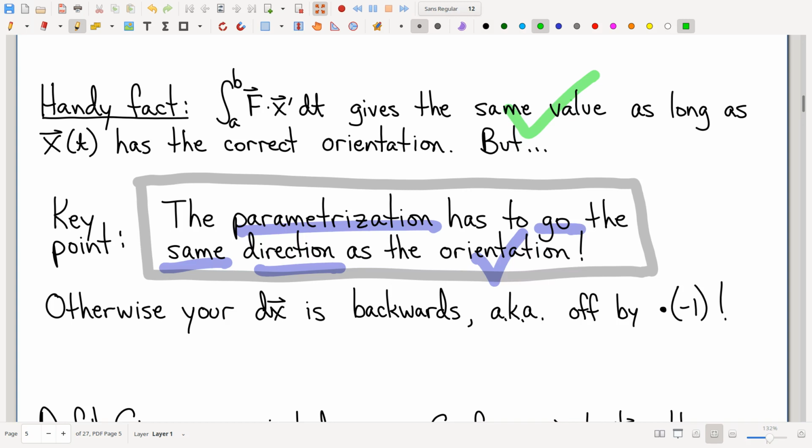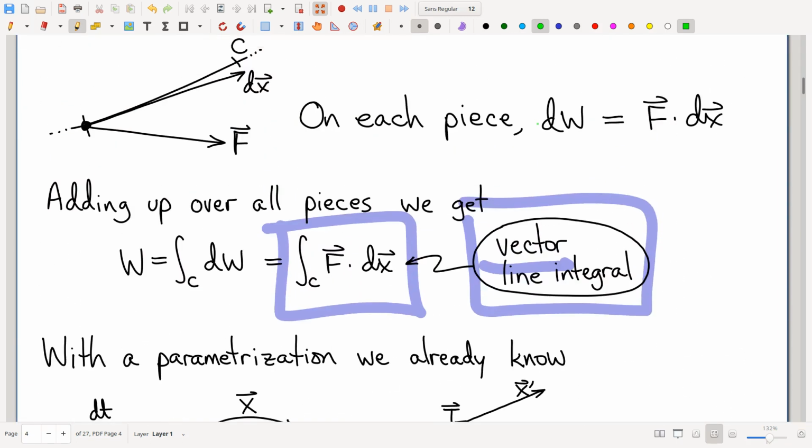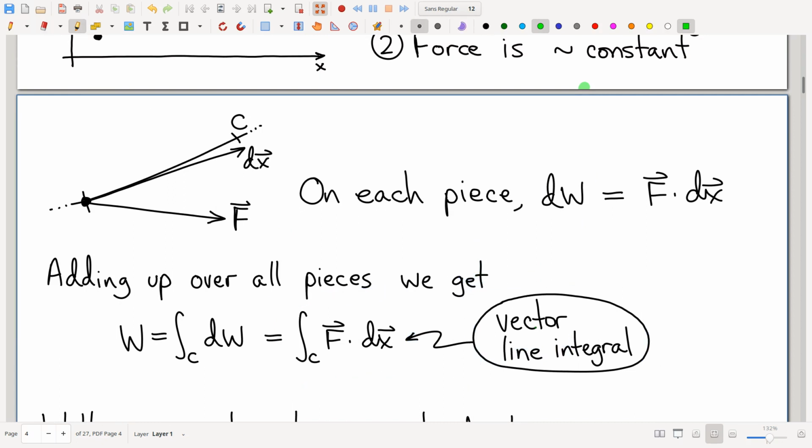Okay. Now let's think about what would happen if you have the wrong orientation. And I'm going to come back to this picture right here. If I were going the wrong direction, let's look at this term. What happens to this term if I'm going the wrong way? Well, if I'm going the wrong way, then instead of my dx vector being that, going the wrong way, my dx vector would just be that.